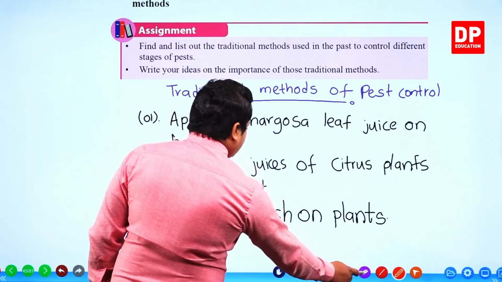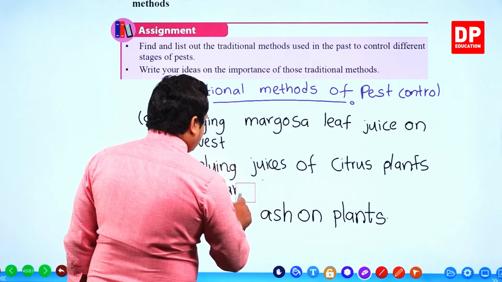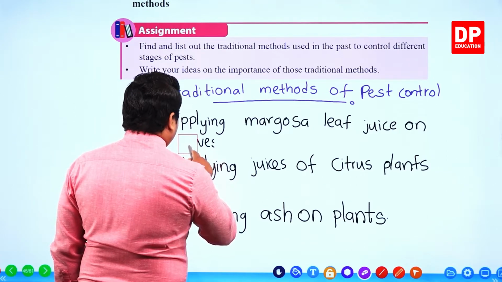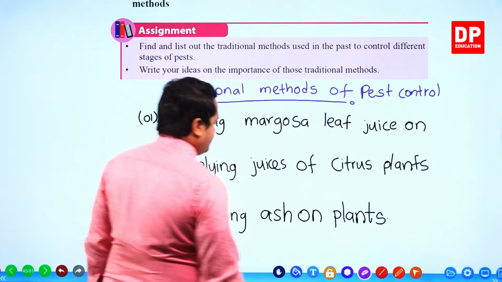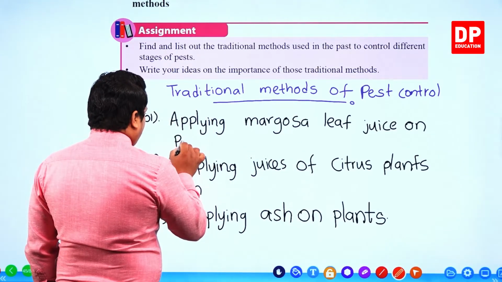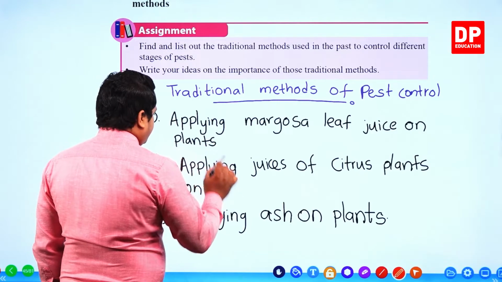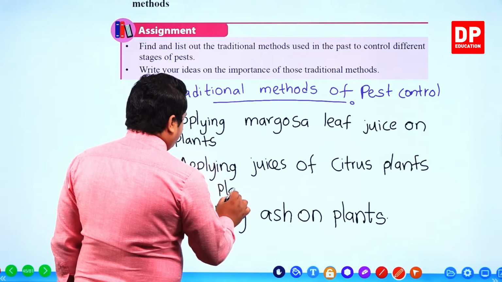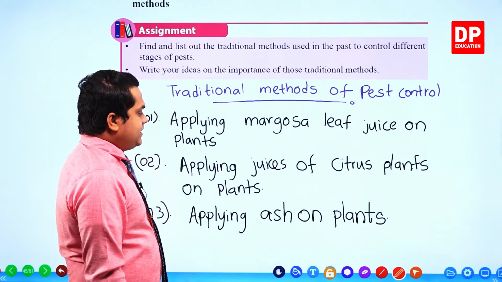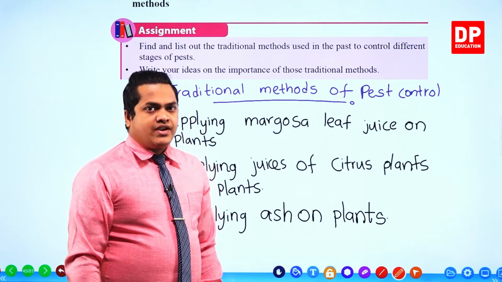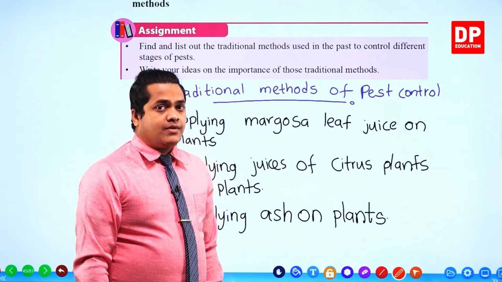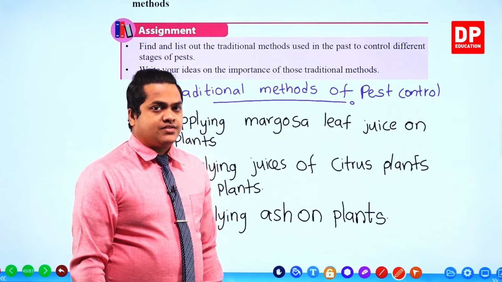So instead of harvest, I'll mention here the plantation. It's good, no? Plants, right? So these are some methods used by our ancestors in order to protect their plantation or agriculture from pests.